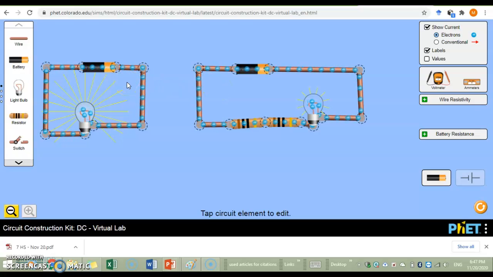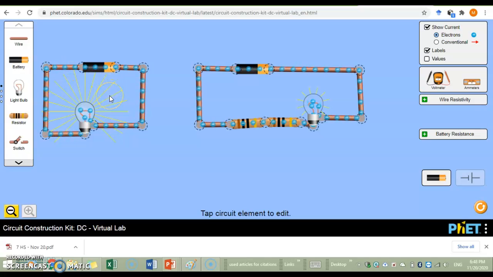What about the intensity of the current? You can see here that the lamp is glowing brightly. However, in this case, the lamp is glowing weakly. So this means that the intensity of the current here is greater than the intensity of the current here. And the current, by definition, is the rate of flow of electrons.